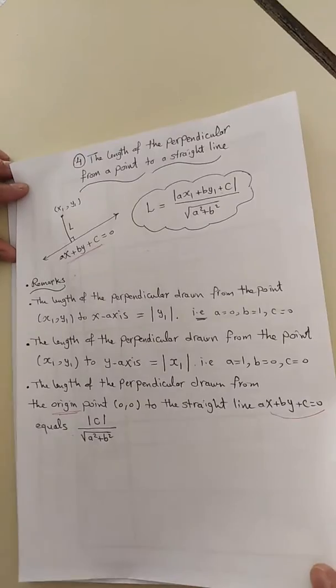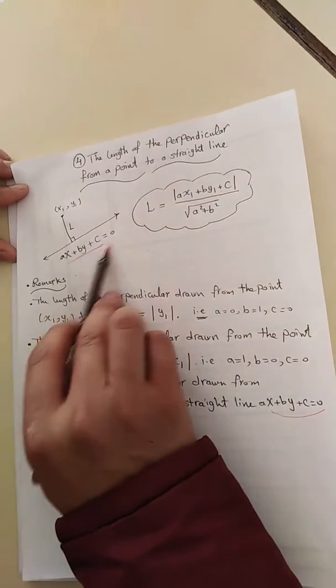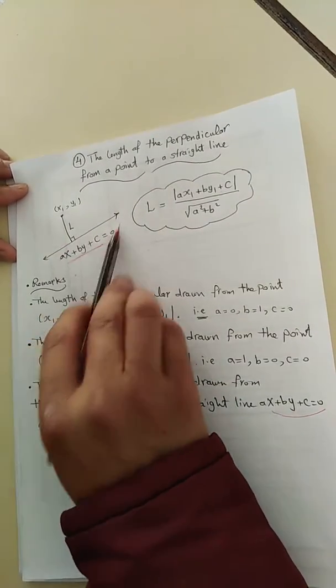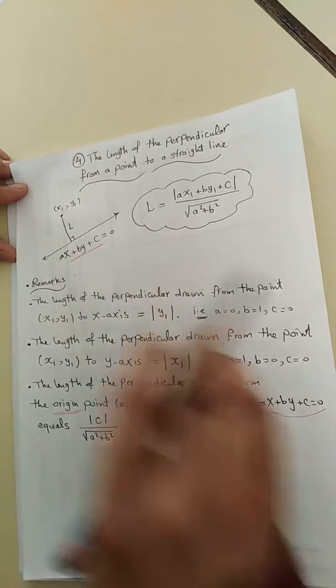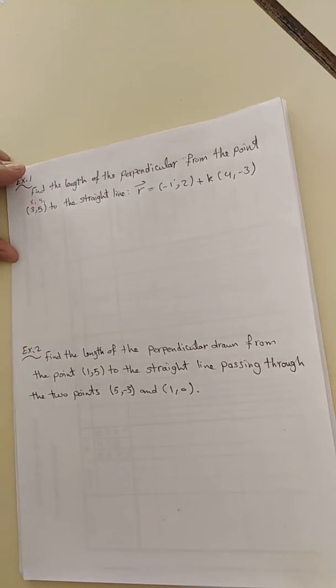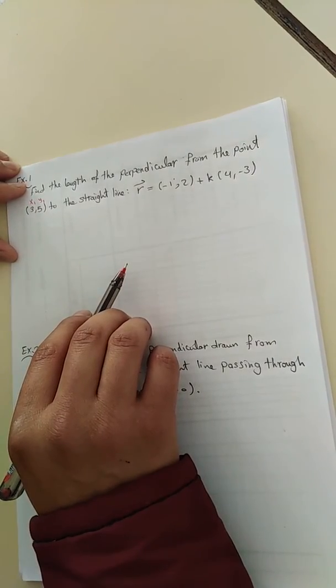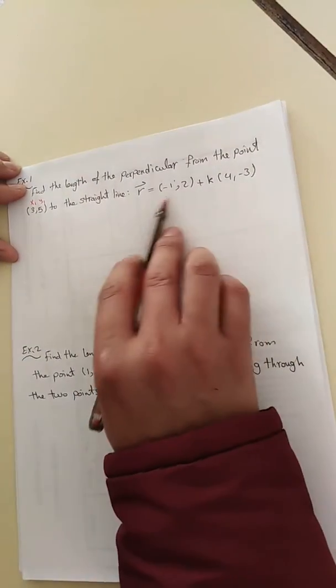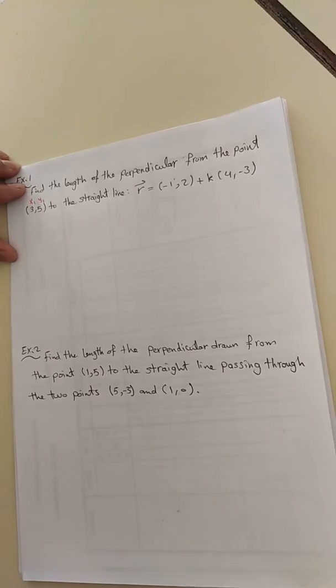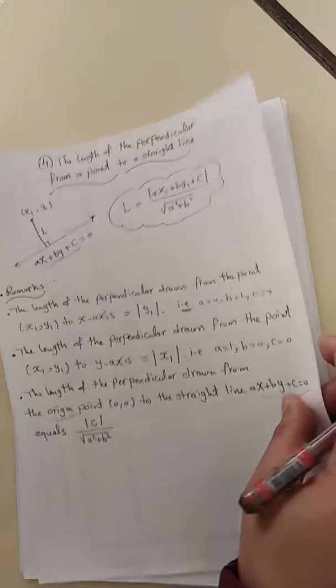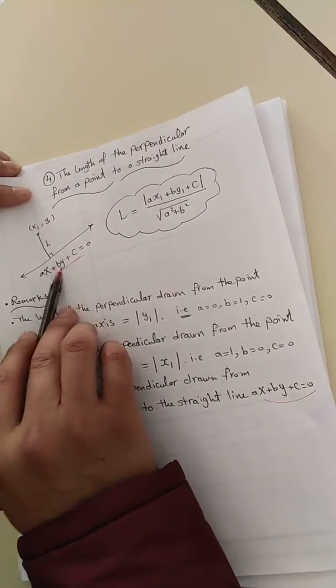The equation must be in this form. How can we get this form?